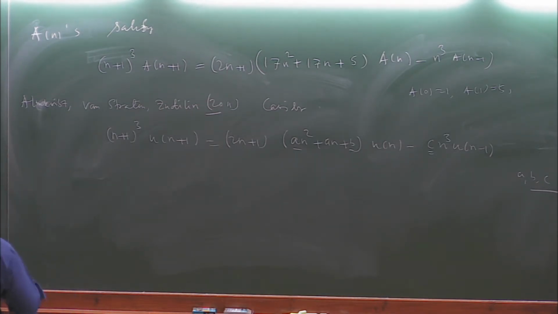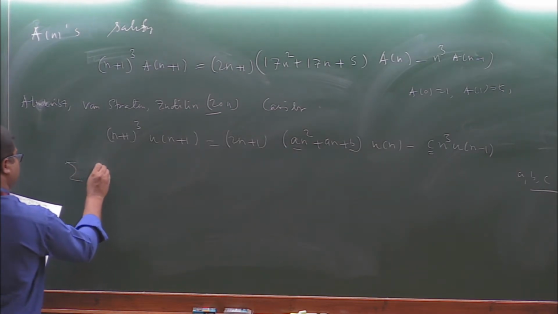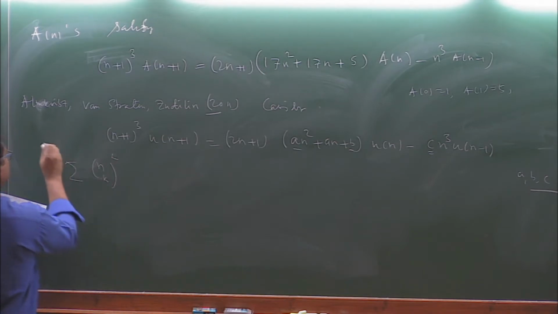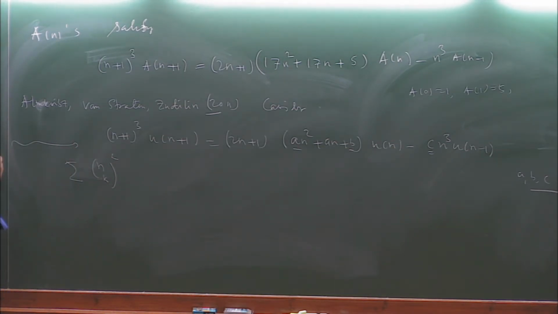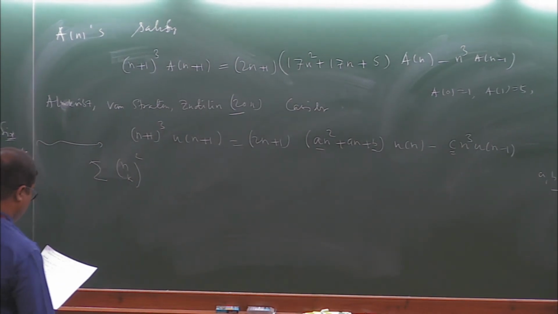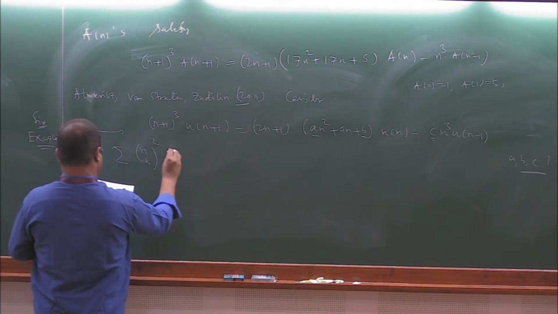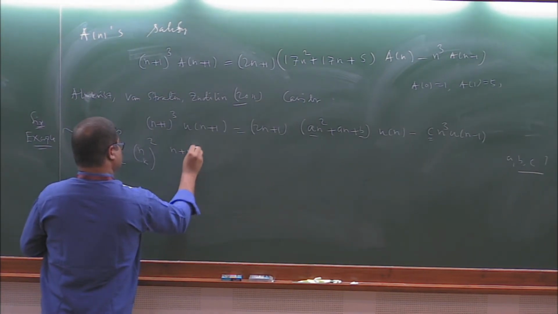And they got six interesting cases. I'm writing those numbers again. So the six interesting examples they found from here: the first one is the sum of n choose k squared times n plus k choose k squared.